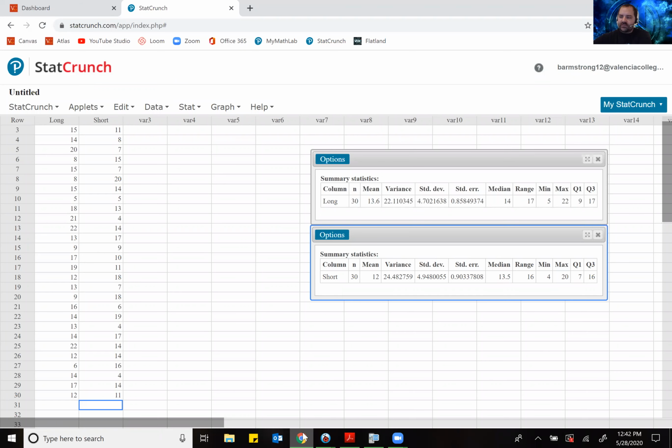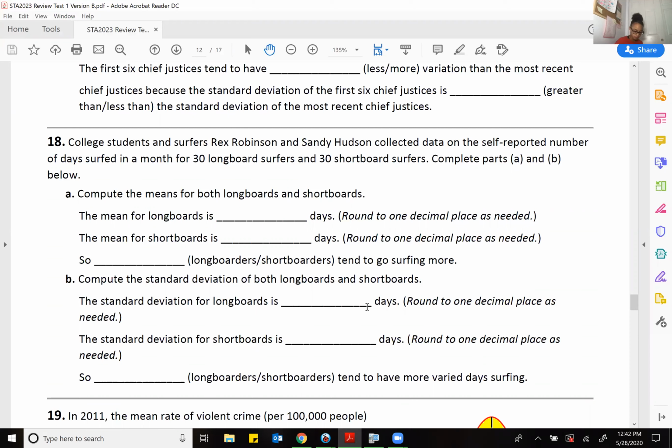So based off of that information, who tends to go surfing more? The longboard. All right, so there's A. 13.6, 12, longboarders.